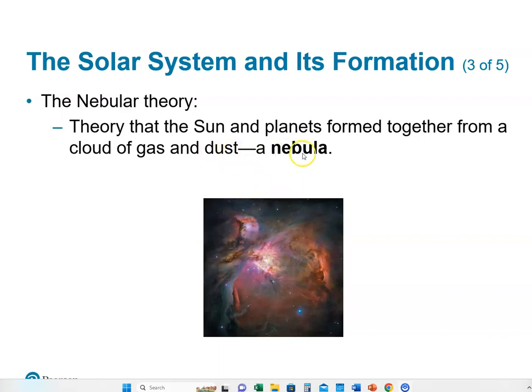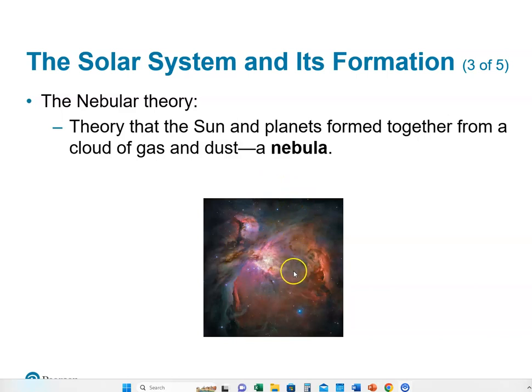When we started looking at these objects in telescopes 400 years ago, they called them nebulae. Nebulae is the plural. Anyhow, a nebula was anything that was fuzzy looking. Back 400 years ago, they didn't know what they were looking at.